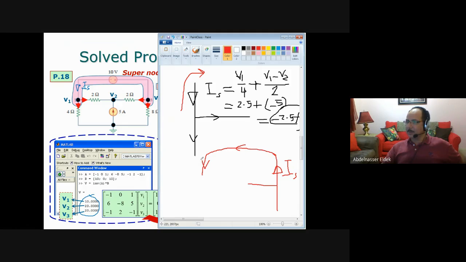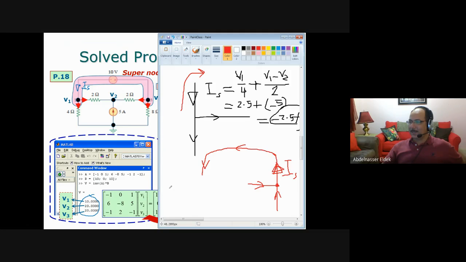So this is IS that I just calculated. In node number 3, it is going up. In node number 1, going down. So this current equals what? Equals this one plus this one. Makes sense? So you have two currents added together to give you IS.